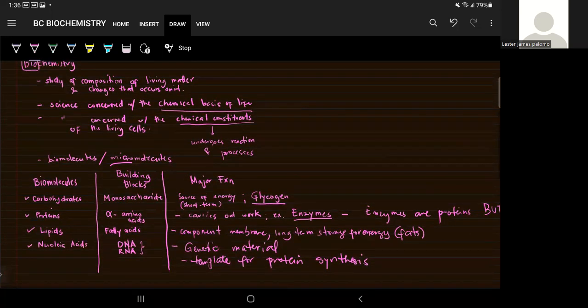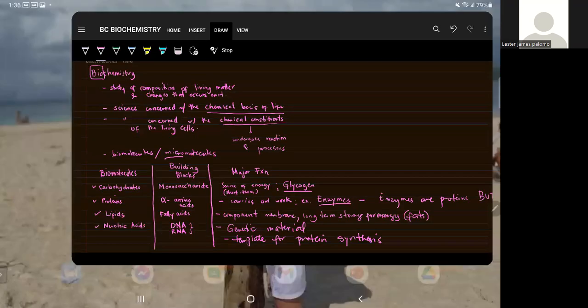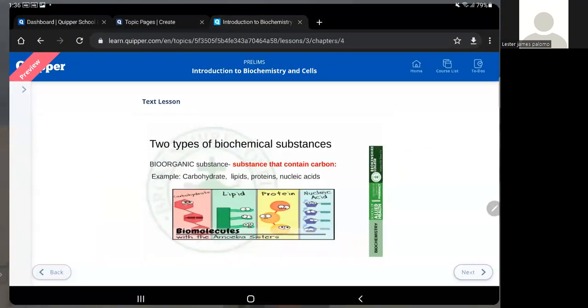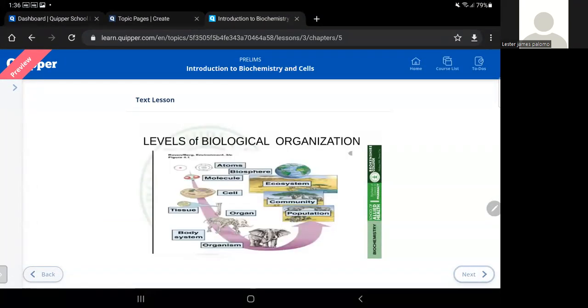Now regarding levels of biological organization. As we all know, the levels of biological organization start from the cell, the first stage of life, followed by atoms and molecules.